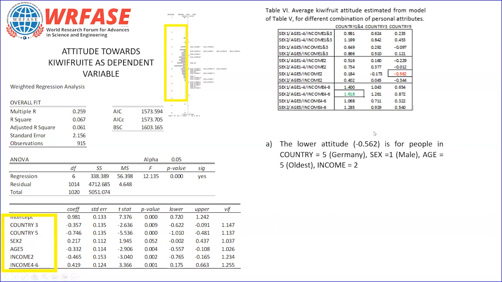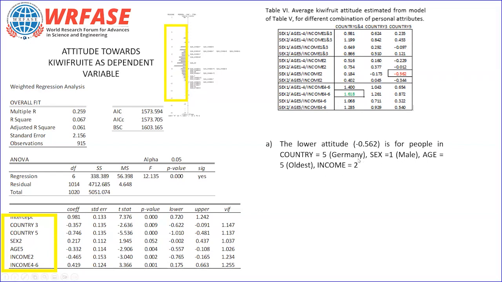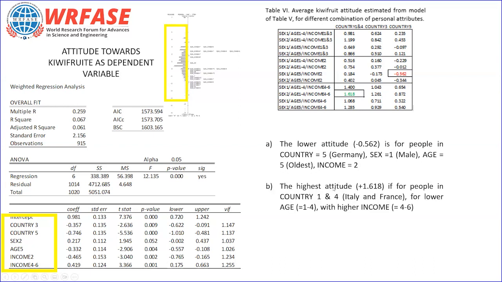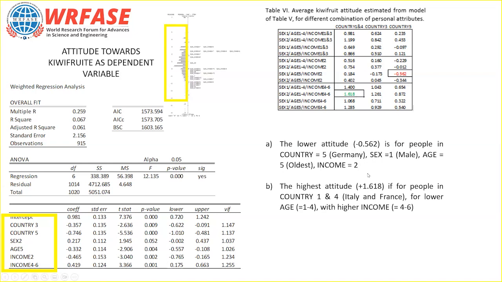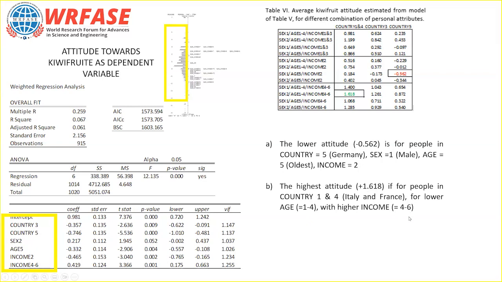The lowest attitude, minus 0.562, is for people in Germany, male and oldest people with low income. The highest attitude, 1.618, is for people in country 1 and 4, Italy and France, of lower age, with high income, and so on.